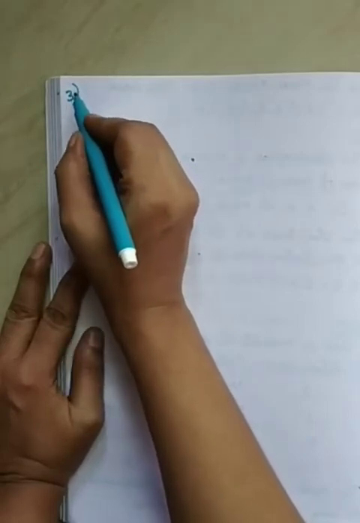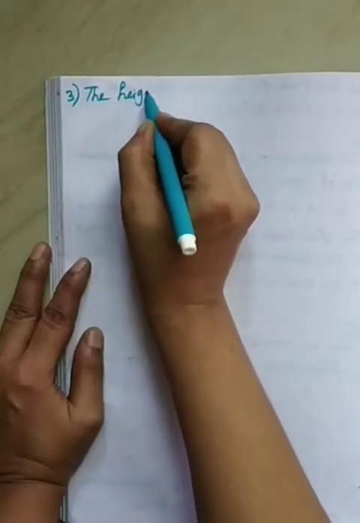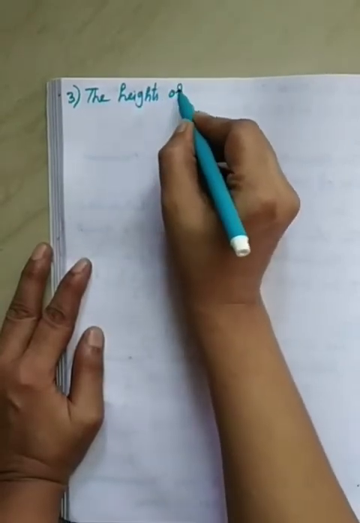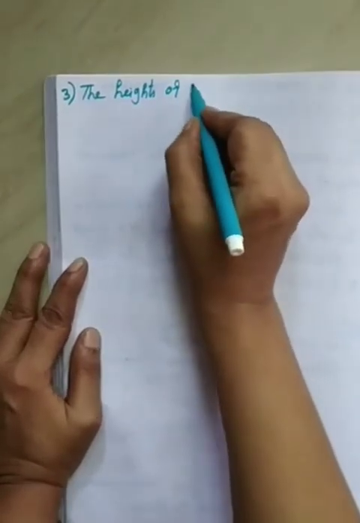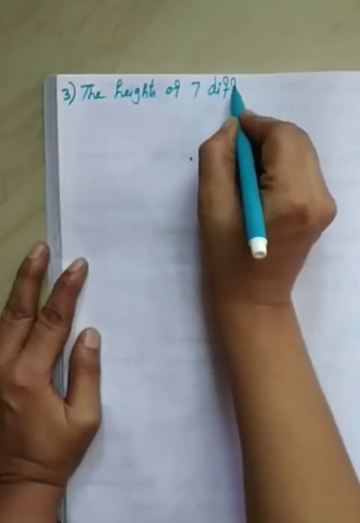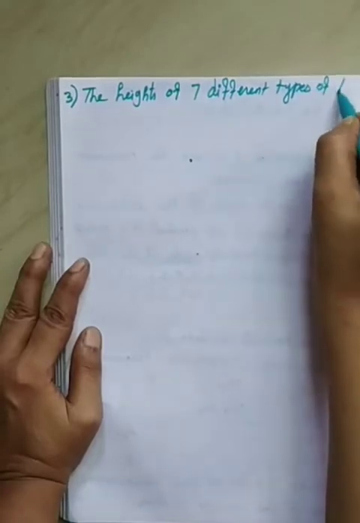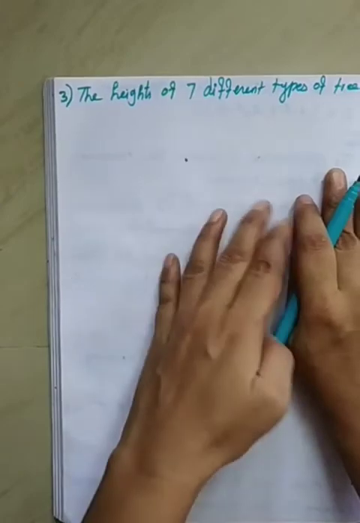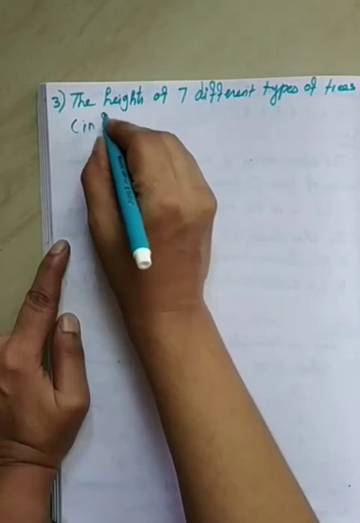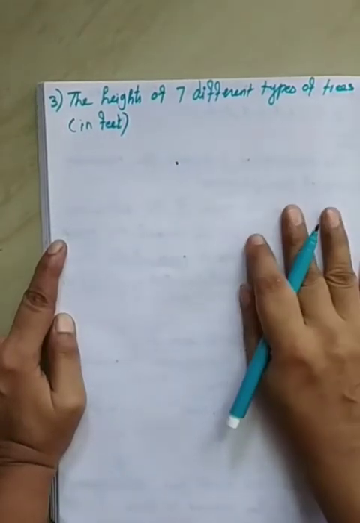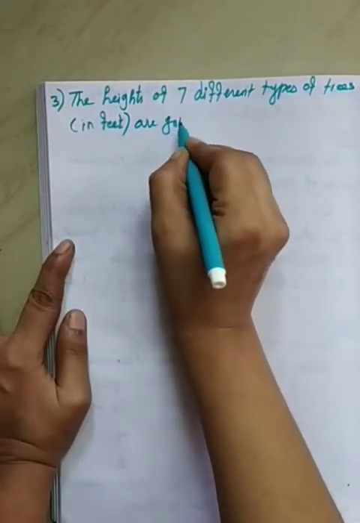The heights of seven different types of trees, in feet, are given below.